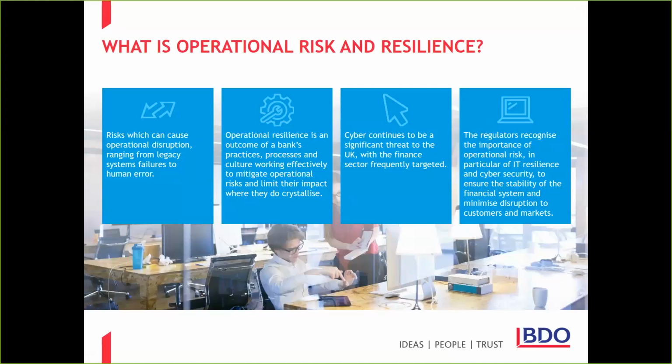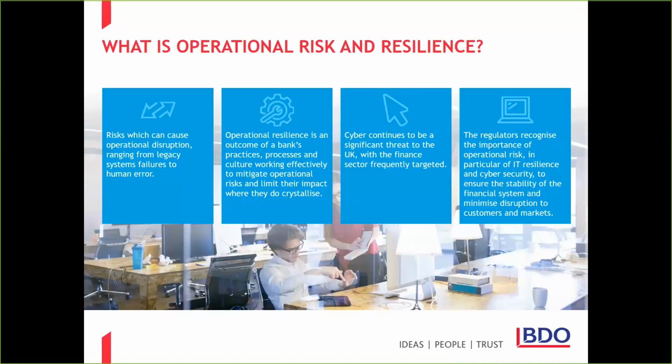So that's really where a lot of the focus on operational risk, but also on operational resilience, has been. And you see that from the third box, IT resilience and cyber security, absolutely key. One other point to add is around outsourcing. If you outsource services, that's great because you can make savings and outsource things to experts, but at the same time you cannot outsource the risk.